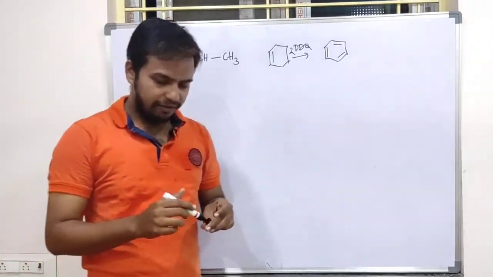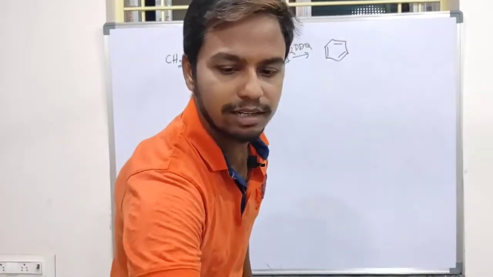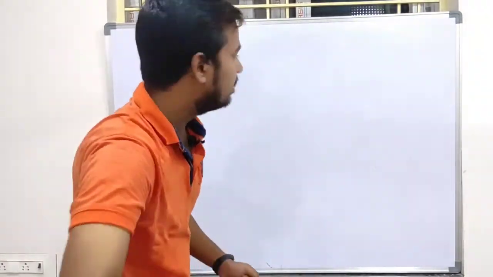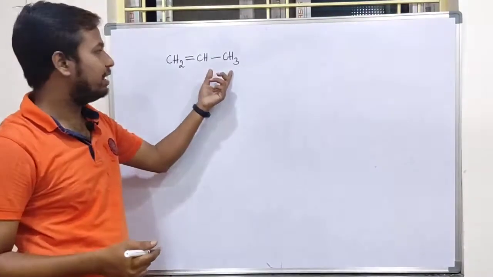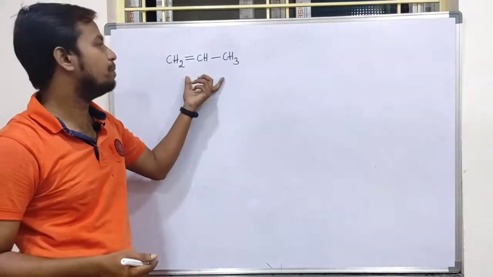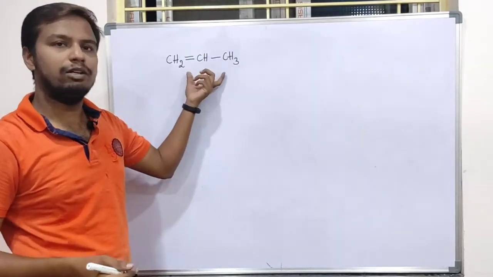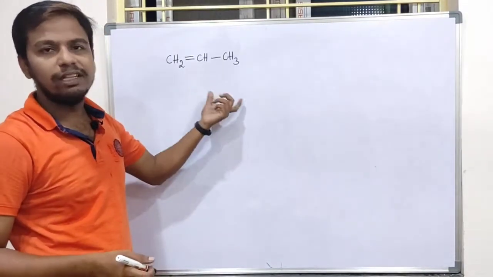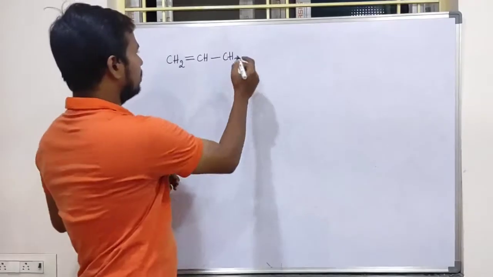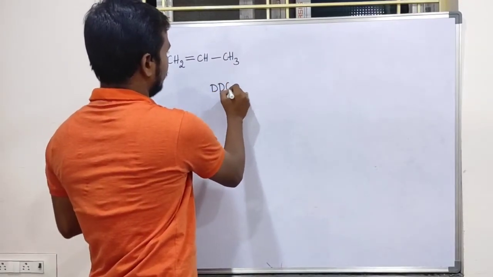So what if dehydrogenation is not possible? Say for example, if I take this species, if dehydrogenation is happening here, that pi bond should migrate here, resulting in the formation of an unstable species. So here dehydrogenation is not possible. So in that case what would happen? Let's see. So same, I am adding 1 mole of DDQ.